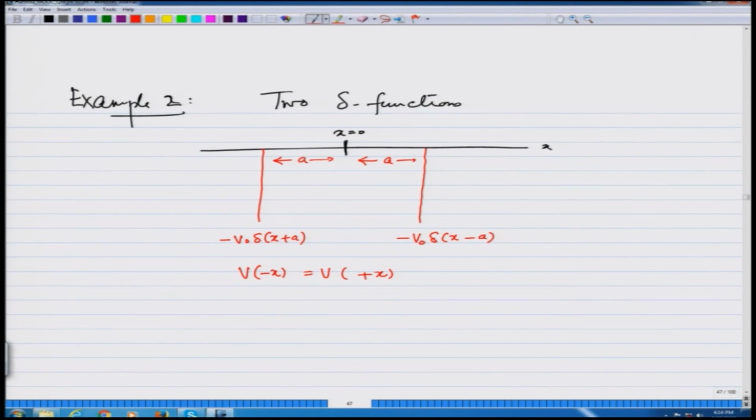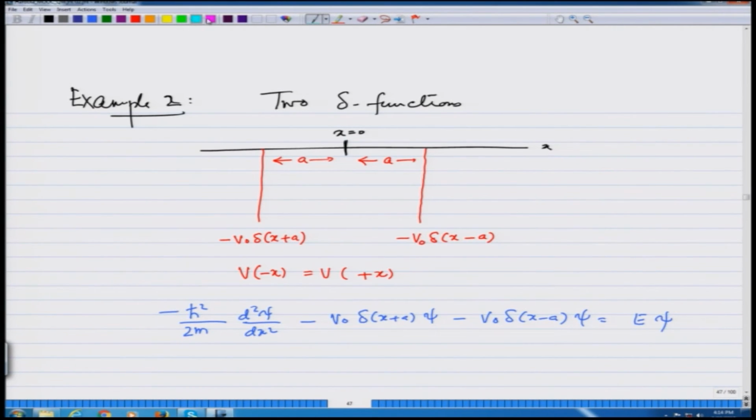In this case, it so happens that we get two bound states, and let me show you how. So, the Schrodinger equation is minus h cross square over 2m d 2 psi over dx square minus V 0 delta x plus a psi minus V 0 delta x minus a psi equals E psi.